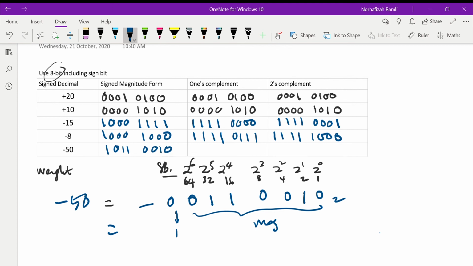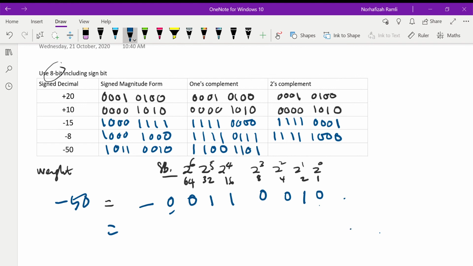Now if I want to get the 1's complement, simply invert the whole thing. So that means if I invert the whole thing, including the sign bit, it become 1, 1, 0, 0, and here become 1, 1, 0, 1.